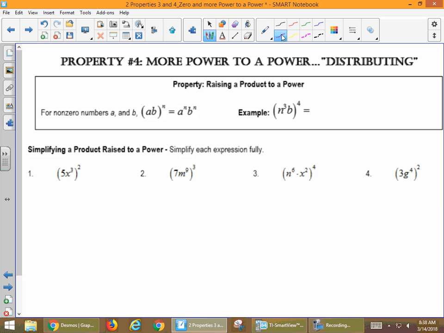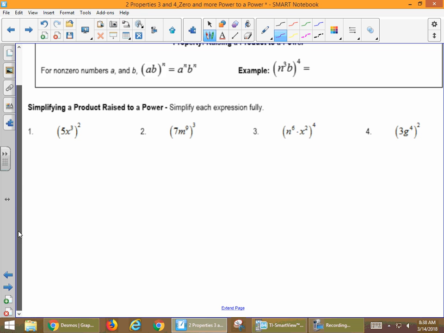So here's how I would deal with this. This is kind of distributed. It's kind of the way we like to think of it. So this happens 2 times, but it also means that this 2 applies to the 5 and it applies to the x cubed. So this is going to be 5 squared times x cubed squared.